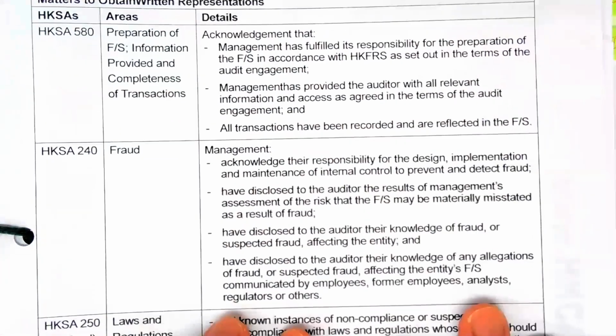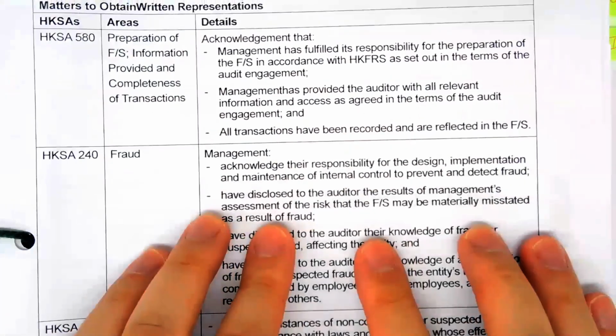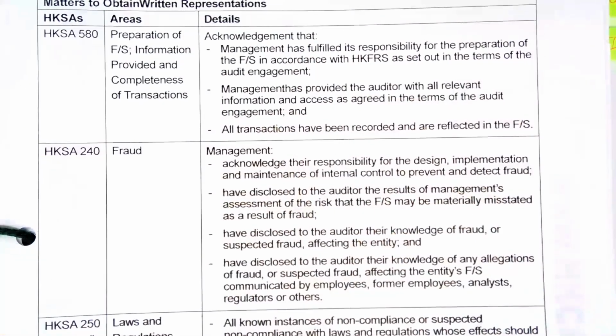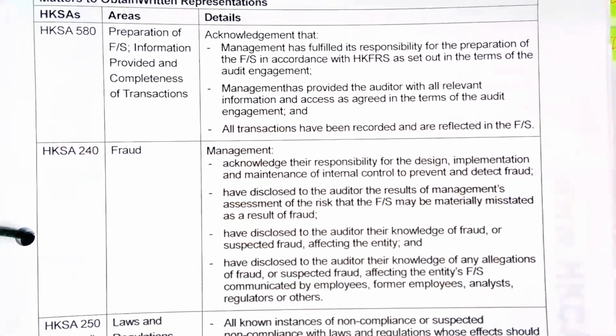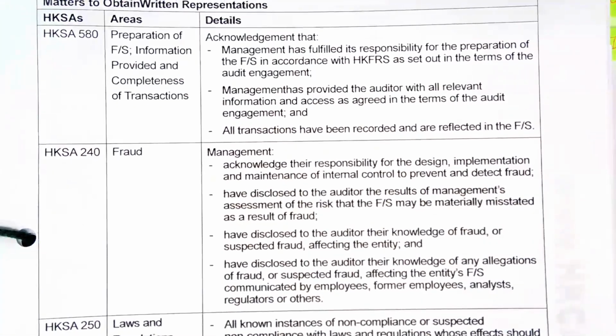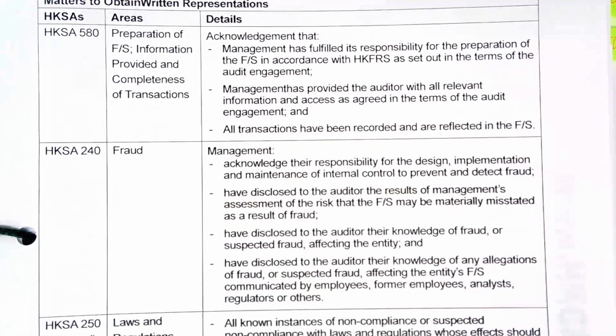What are the things that we need to obtain written representation from the management are all listed here. So what you need to do, read this table side by side with the communication with those charged with governance requirements. After you do it once, you will have an idea of all the important areas within our whole audit process.